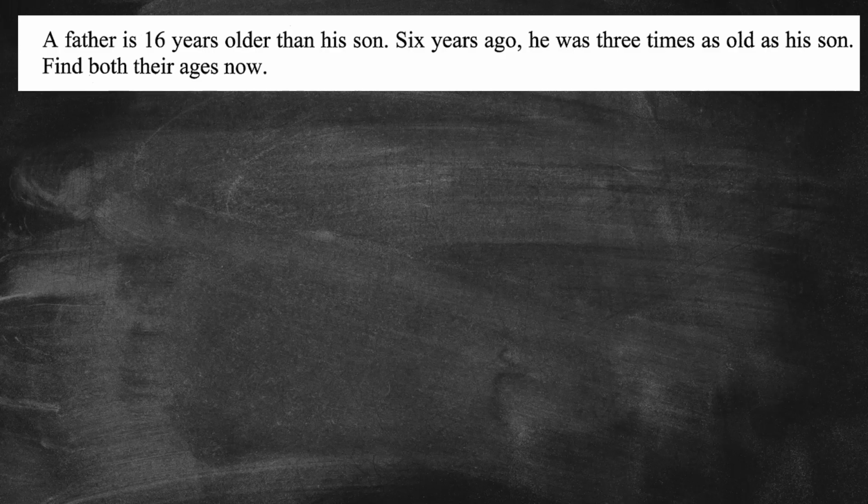So if we organize everything that's given, we have the father and we've got the son. Now he's 16 years older than his son, and then we have the ages now and 6 years ago.